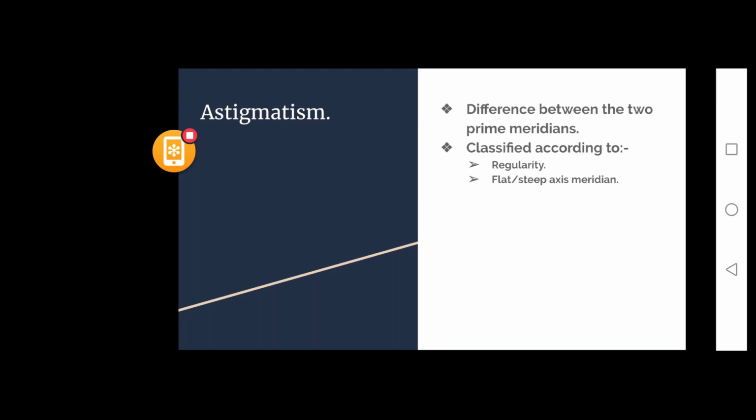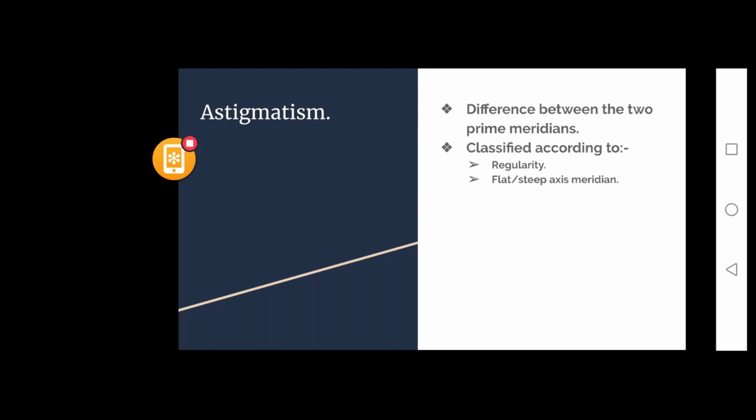And lastly, there is something known as lenticular astigmatism and something known as corneal astigmatism. So when we talk about topography, we basically talk about the anterior surface astigmatism, the astigmatism arising from the anterior surface of the cornea. That is the refractive part of the cornea.